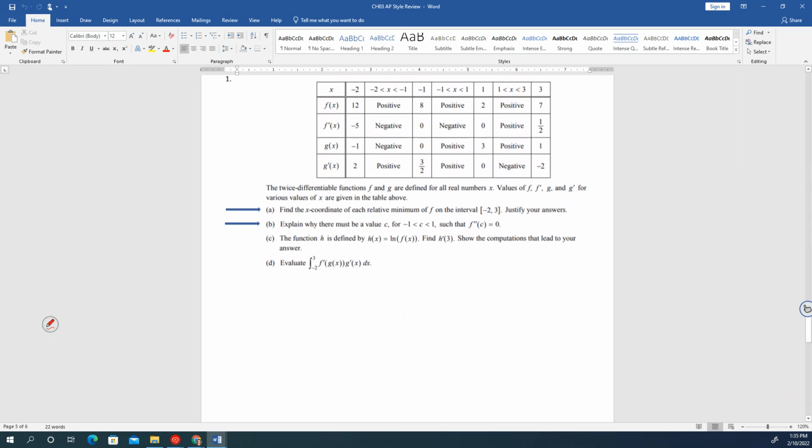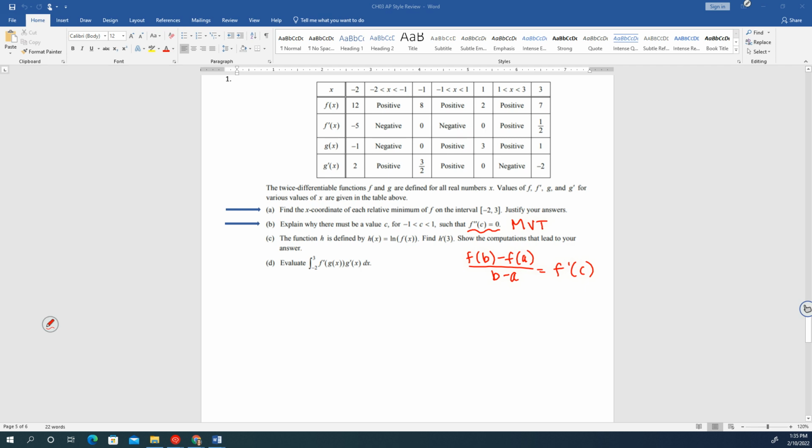So basically, when you say something like this, that's usually hinting at the mean value theorem, where they're telling you to explain why over an interval we have an instantaneous rate of change equal to this. Because the mean value theorem is this right here: that the average rate of change over an interval is equal to the instantaneous rate of change of some value in that interval.